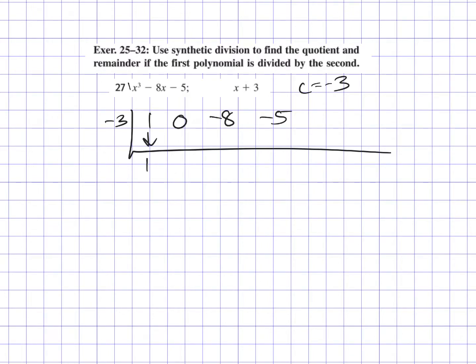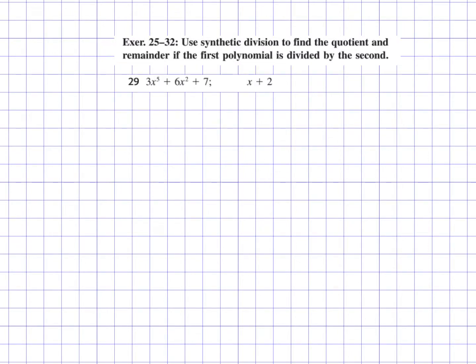Drop down the first one, multiply, add, multiply, add, multiply, add. So again, this is x cubed, so this will be 1x squared minus 3x plus 1, and the remainder is -8.